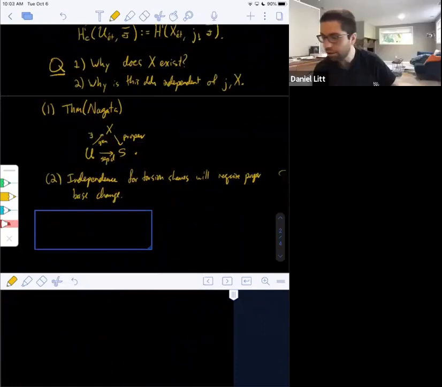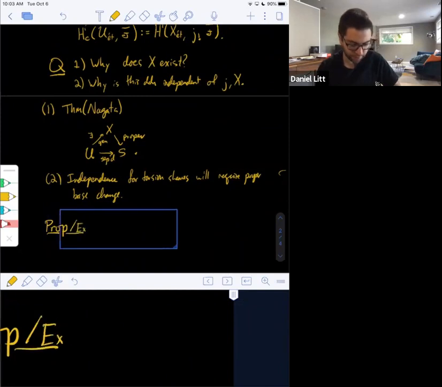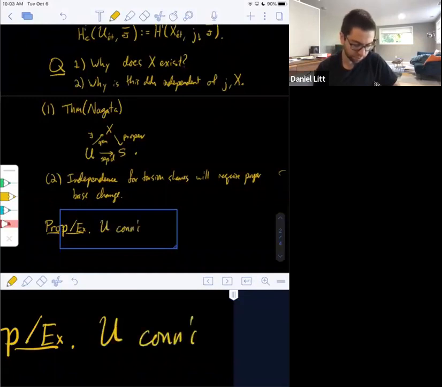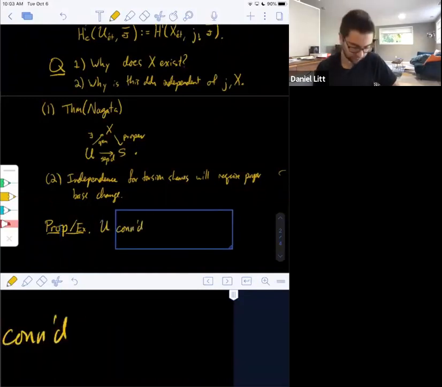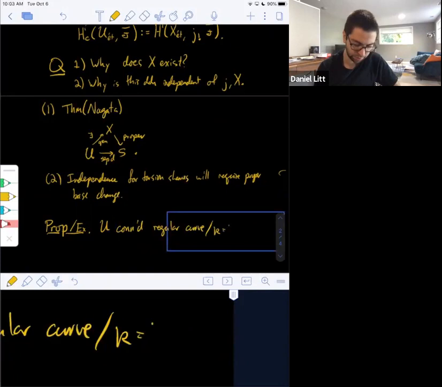Okay. All right, so let's talk about curves. So this is a proposition or example, I guess. Let's suppose that U is a connected regular curve over an algebraically closed field K, but not necessarily proper.